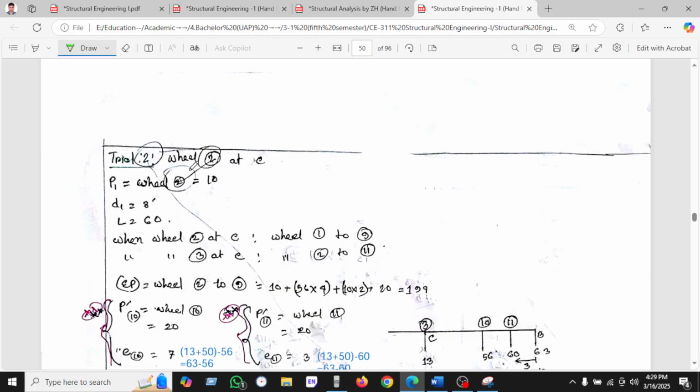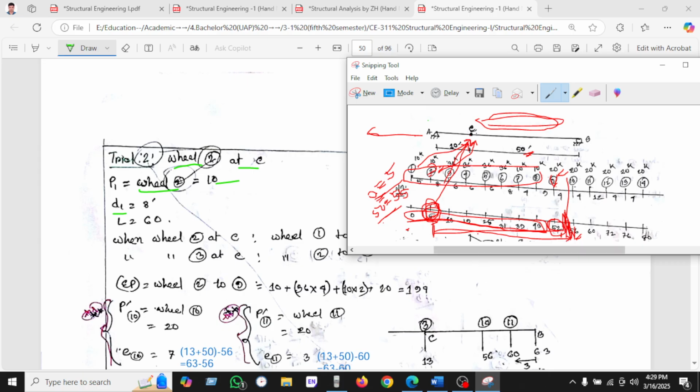So wheel 2 at C, let's see what will happen. The wheel 2 load is 10 kip, and D1 means the distance between wheel 2 and wheel 3. Okay, so let's see.